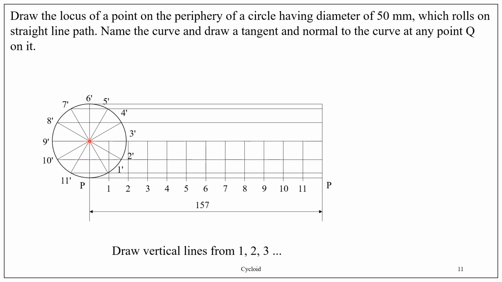That is the horizontal line through the center of the circle. Now name the center of the circle as C and the other end of the horizontal line through the center as D.